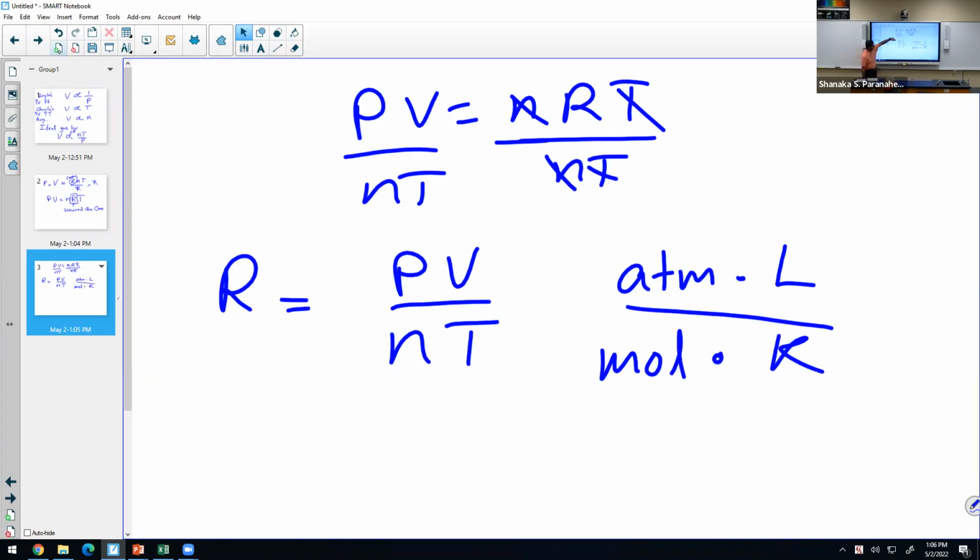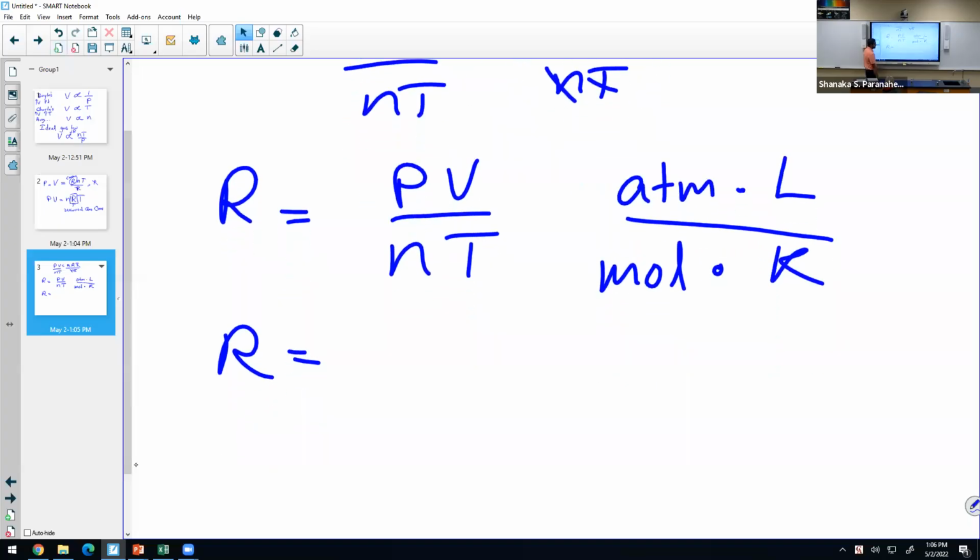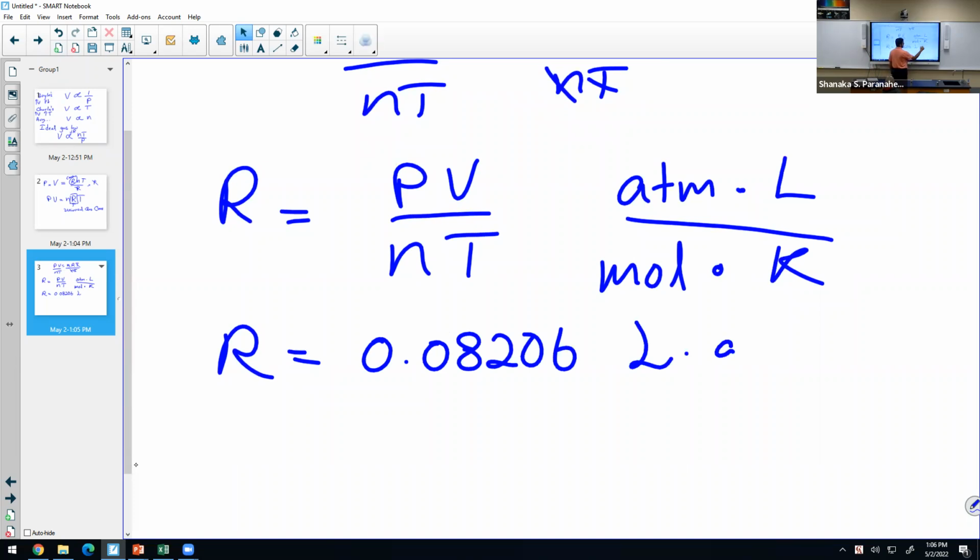So if we use pressure in atmospheres, volume in liters, number of moles, and Kelvin temperature, the R value, which is a constant that is not going to change, is going to be 0.08206 liter atm per mole per Kelvin. That's one possibility for the R value, and there are also other R values depending on the units we use in this equation.